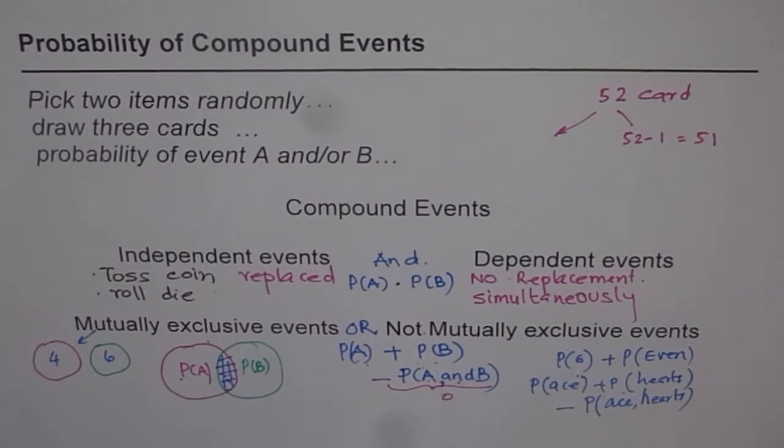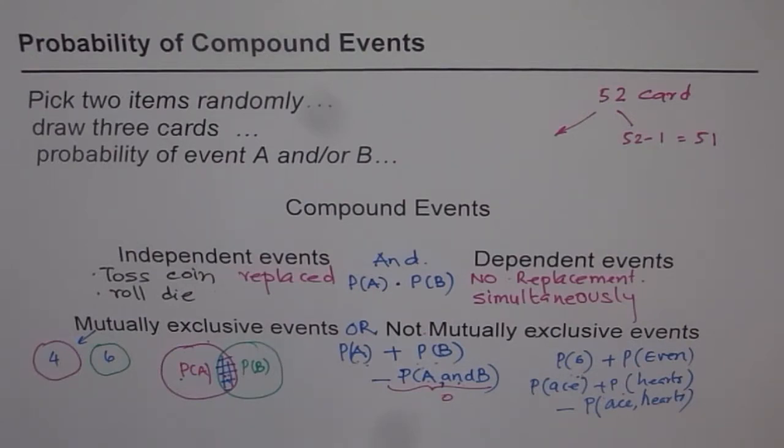So an easy way to remember is that if a probability question has OR in it, whether we are looking for mutually exclusive or not mutually exclusive, the formula is probability of A plus probability of B minus probability of A and B, right? I hope you understand with this the terms which we are using. Let me now summarize it. Probability of compound events means we are dealing with more than one event at the same time.